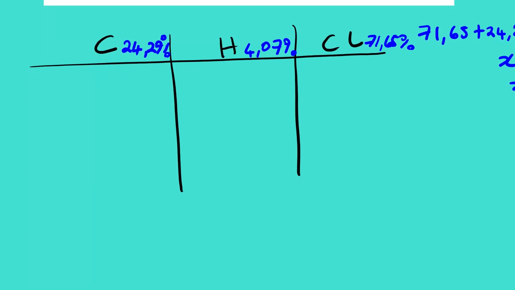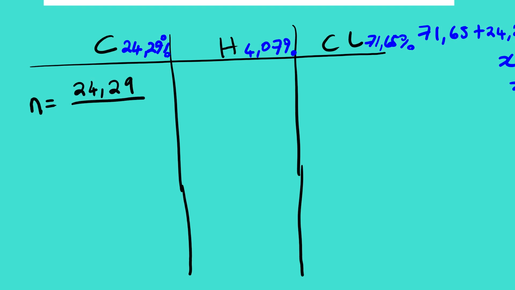Now we know that we have those steps. The first step, we must convert from percents to grams. So 24.29% is the same as 24.29 grams. So you can go ahead and calculate the number of moles, which is 24.29 divided by the molar mass of carbon, 12.